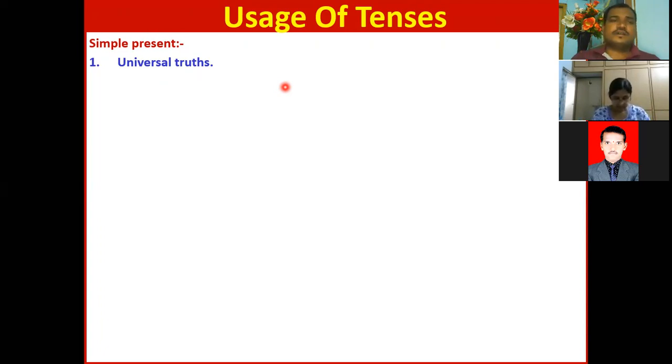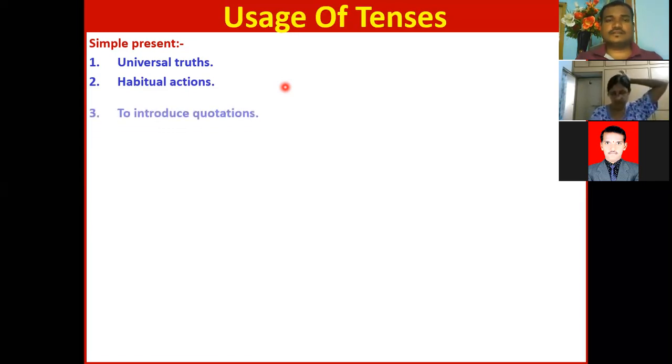First, simple present tense can be used to talk about universal truths. Second, habitual actions. Next, to introduce quotations.